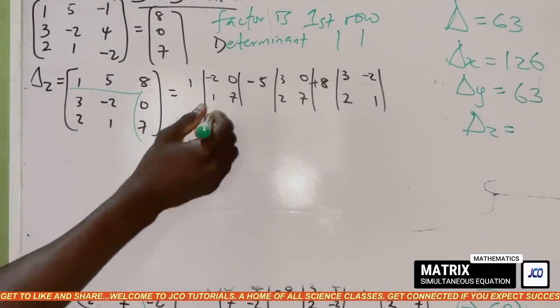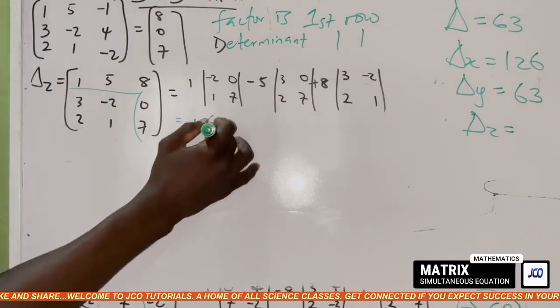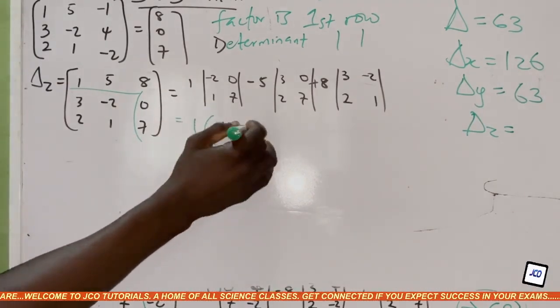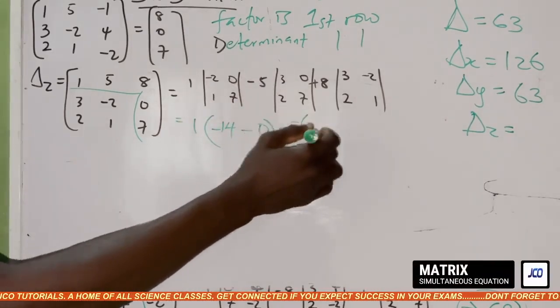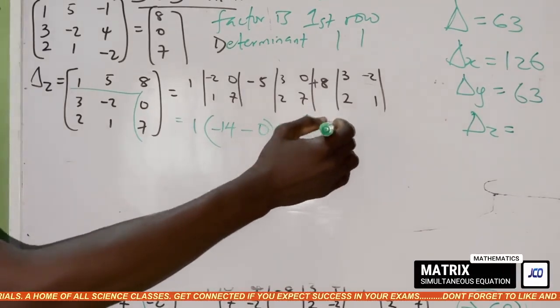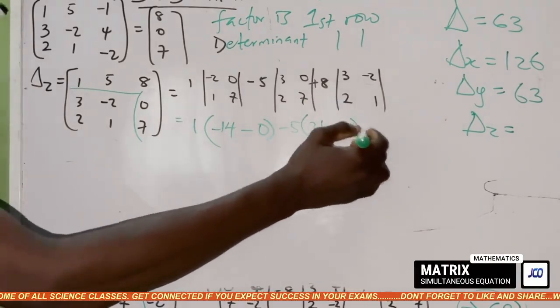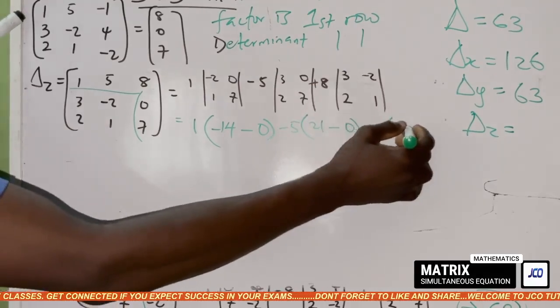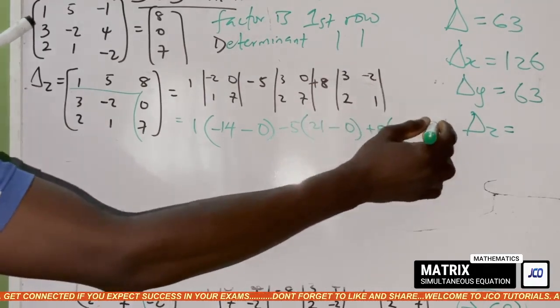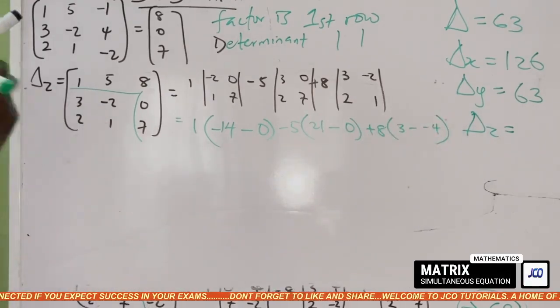1 into bracket 7 times minus 2 is minus 14, minus 1 times 0 is 0, minus 5 into bracket 7 times 3 is 21, minus 2 times 0 is 0, then plus 8 into bracket 1 times 3 is 3, minus 2 times minus 2 is minus 4.